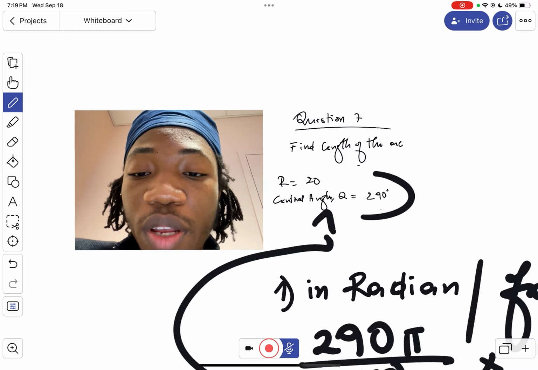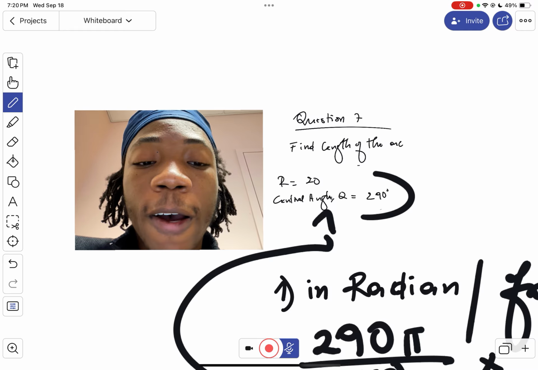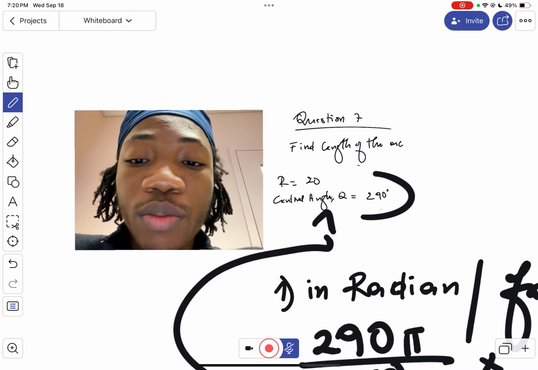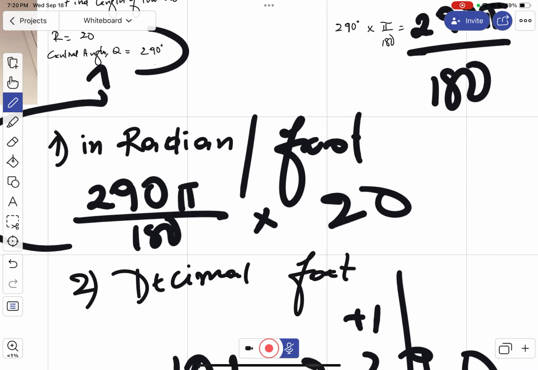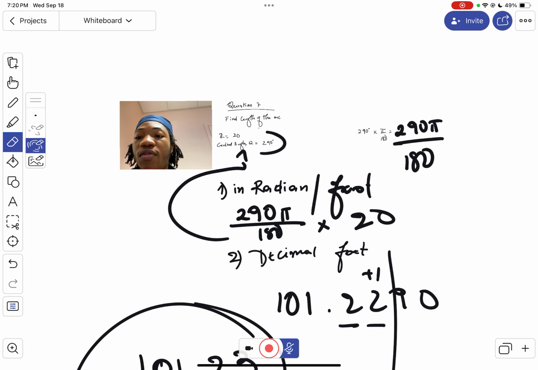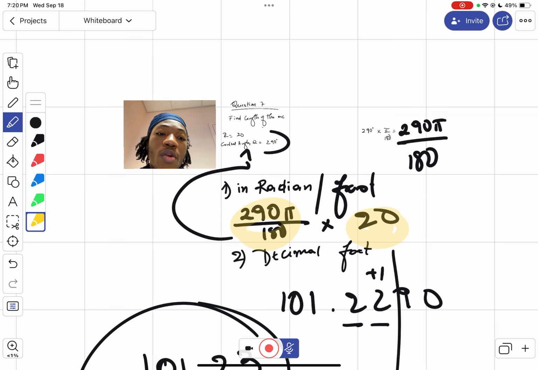The fraction is going to be the radians that you need, and the fraction that you get from converting the initial degrees, you multiply by the radius, which is what we did here. So this was the degree that we converted, and this is our radius.